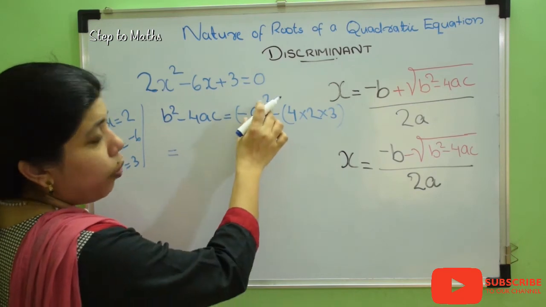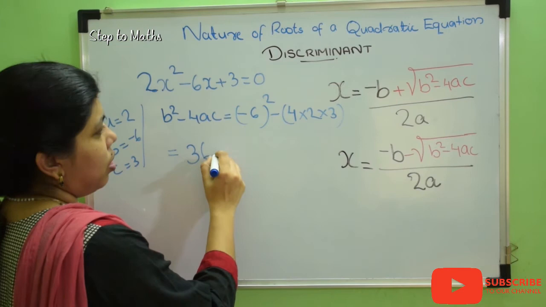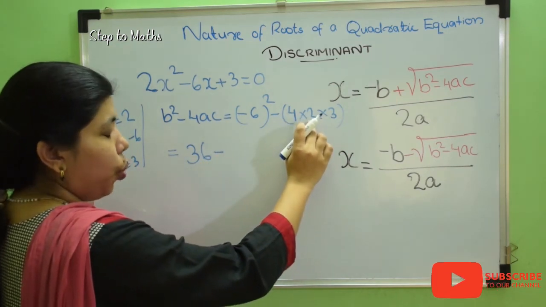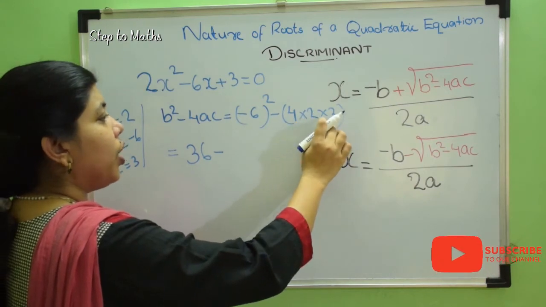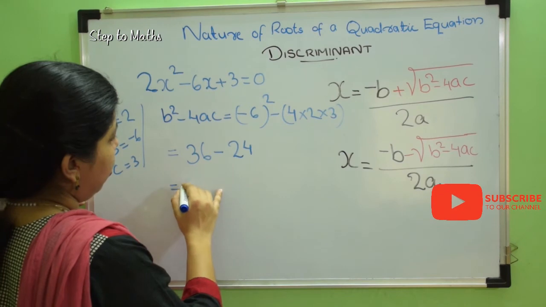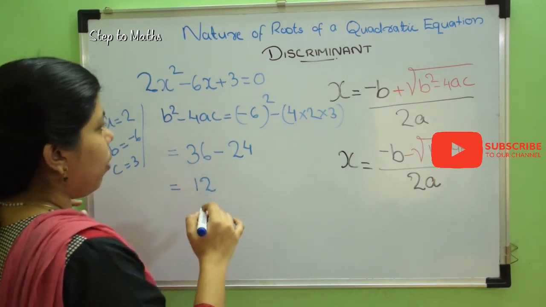That is equal to 36 - 4 into 2, 8, 8 into 3, 24. That means 36 - 24 is equal to 12.